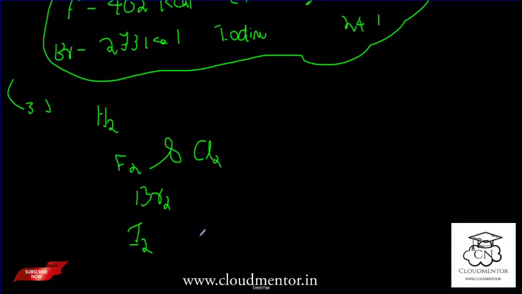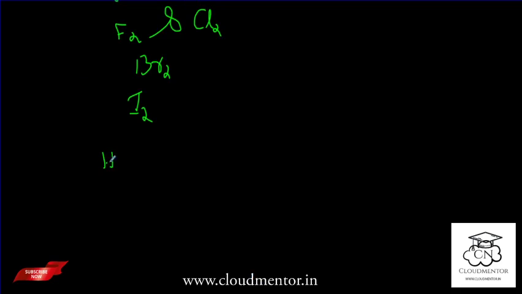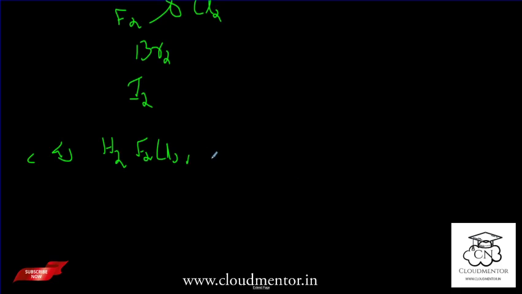And the fourth similarity: all of them have diatomic configuration in the molecular state. That is H2, F2, Cl2, Br2, I2. They all have diatomic configurations like that of hydrogen.